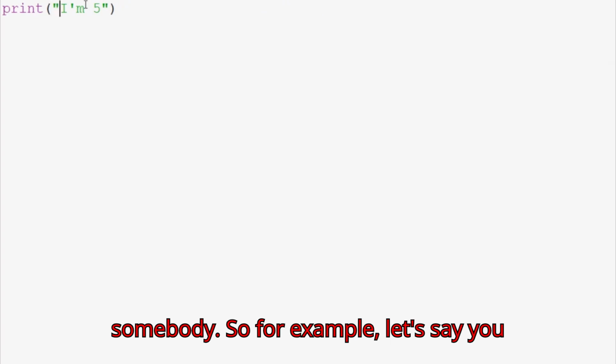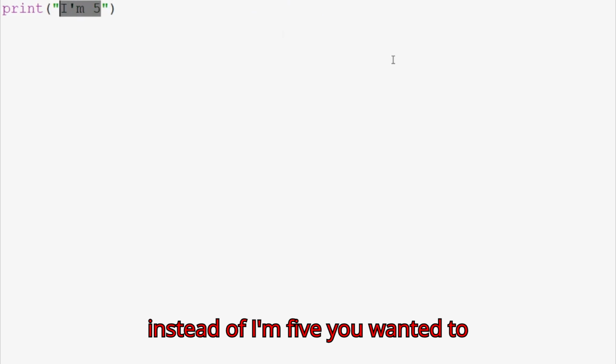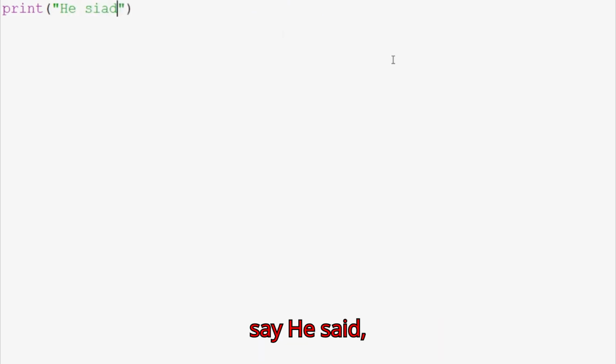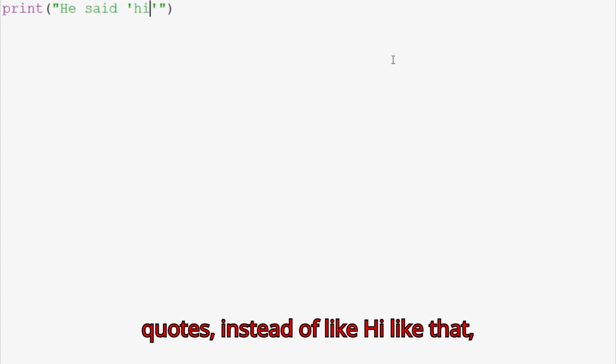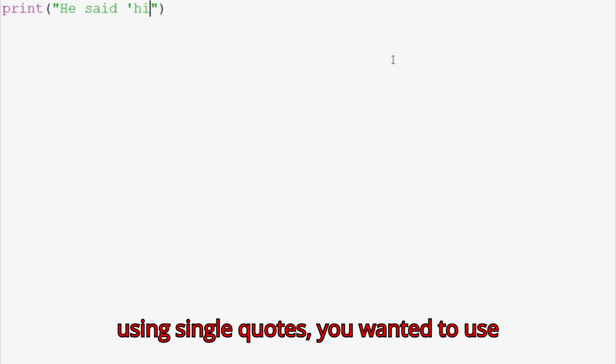Now the third way is a little less conventional, and there's really no great reason for it unless you wanted to quote somebody. So for example, let's say you didn't want to use escape characters, and instead of I'm 5, you wanted to say, he said, and instead of single quotes, like hi, like that, using single quotes, you wanted to use double quotes.